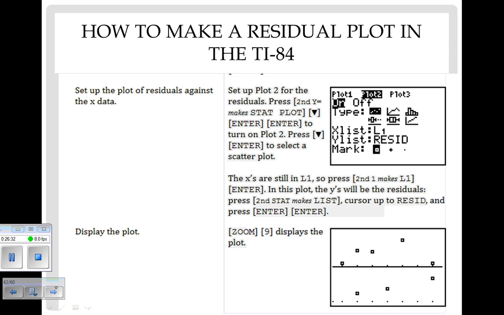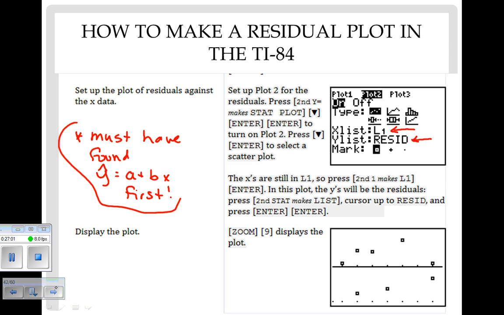And what you're going to do is list 1, and then in the Y you're going to use resid. Now you can only do this after you've already found the linear equation. So you must have found your y hat equals a plus bx first.